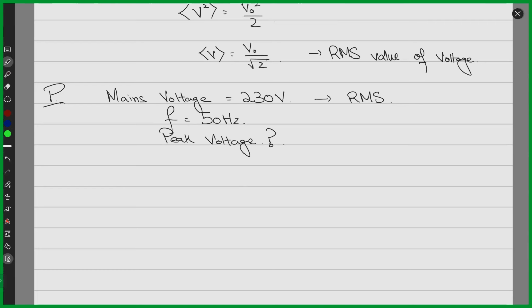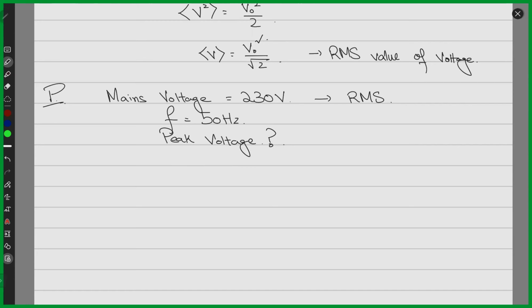These values of voltages are your root mean squared values. The peak voltage that you can get from the main supply is higher than this voltage, and the peak voltage, V naught, is what we want to compute.